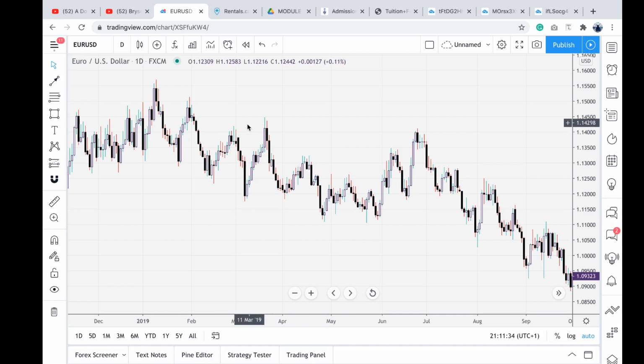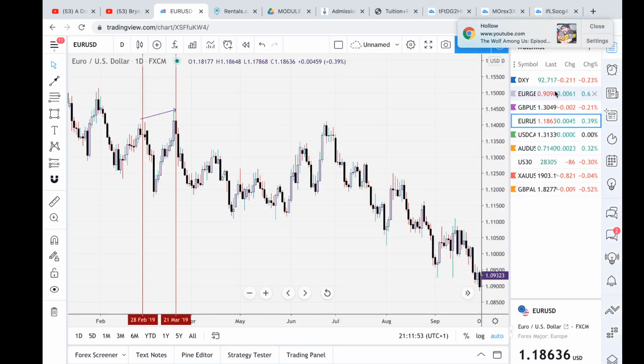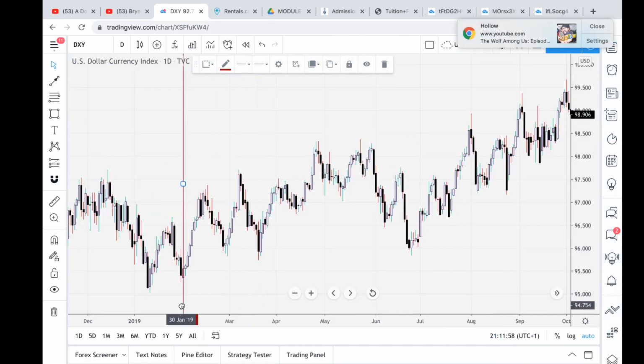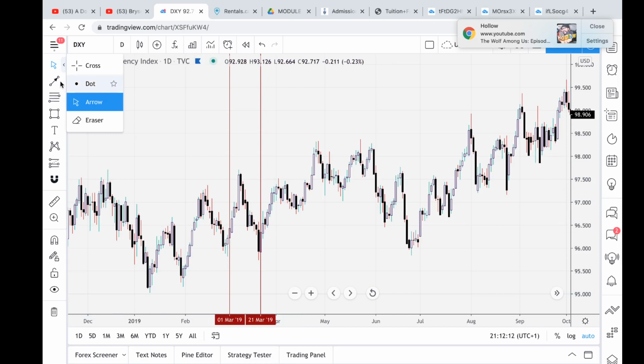Okay, so now let's look at the DXY between 1st of March to 20th of March. Oh, sorry, actually 28th of February to 21st of March. We've got DXY, 28th of February to 21st of March. All right, so this was actually making lower lows.